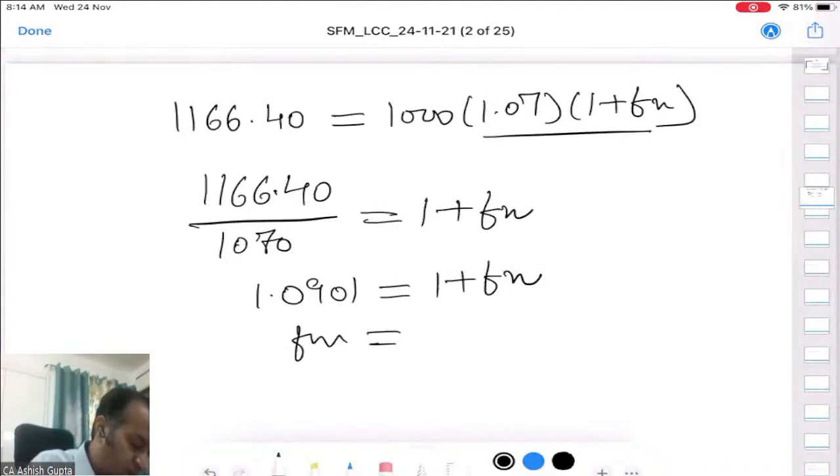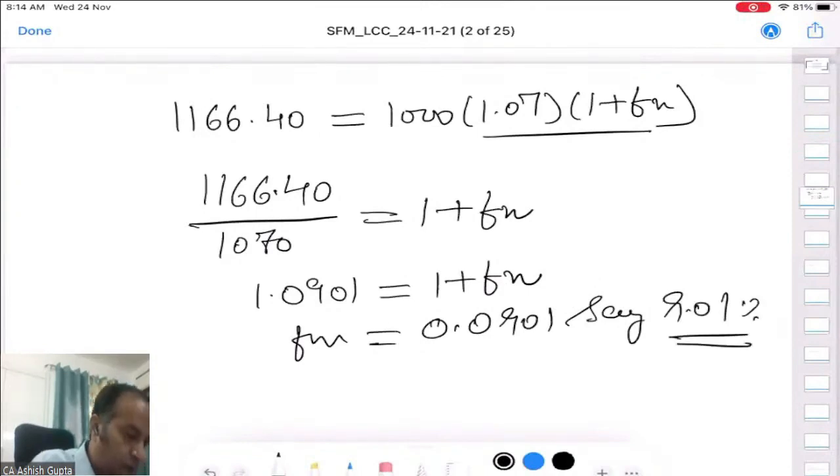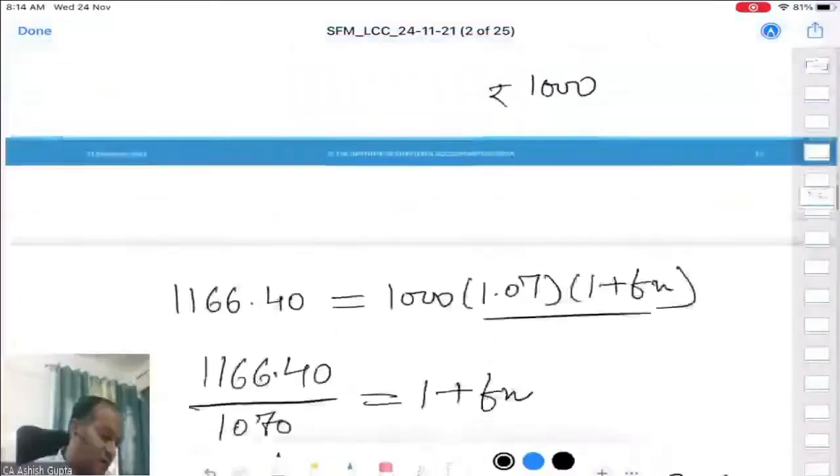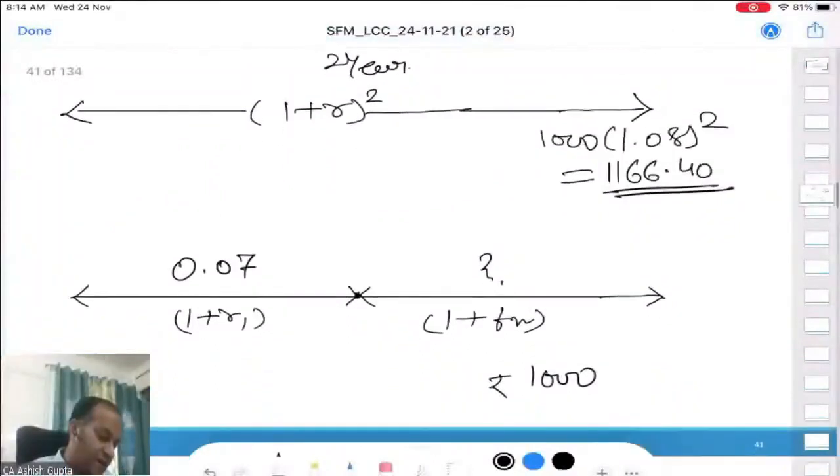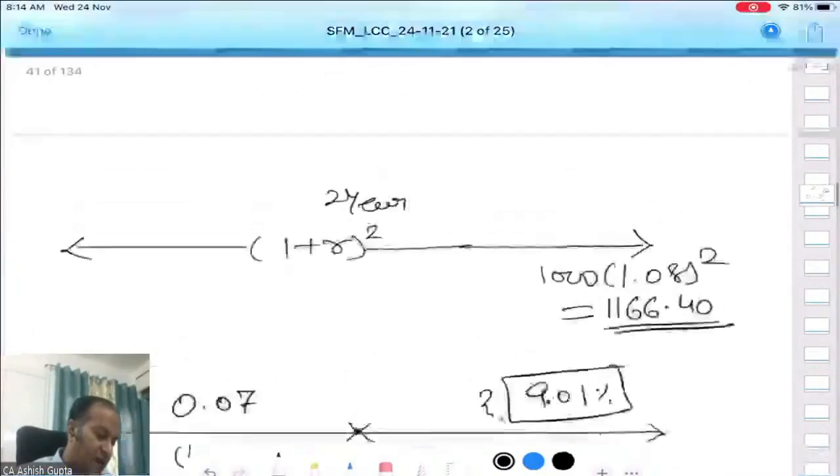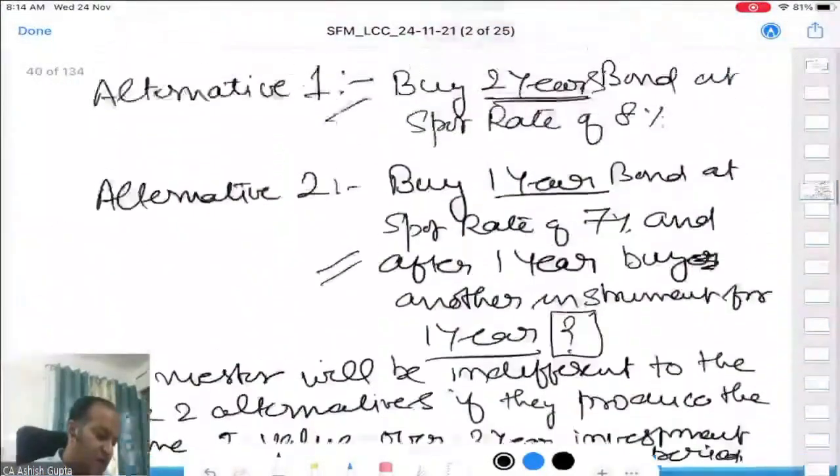Of course, the forward rate is equal to 9.01%. Okay, students, so you can see it is a forward rate. If I am offered 9.01% after 1 year for the 1 year, then I will be indifferent between these two options.